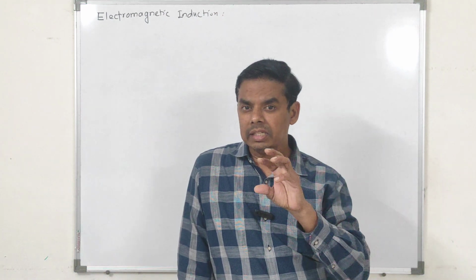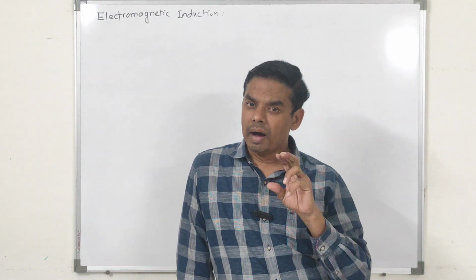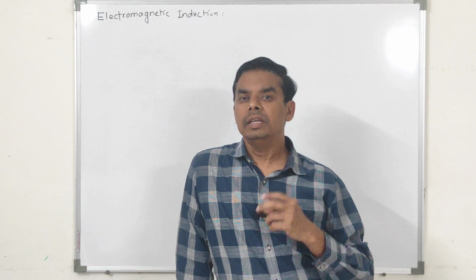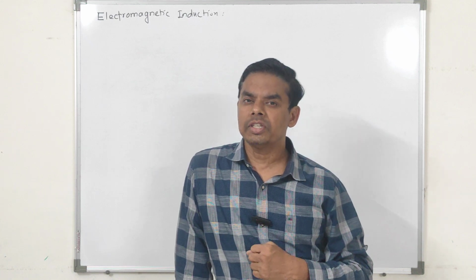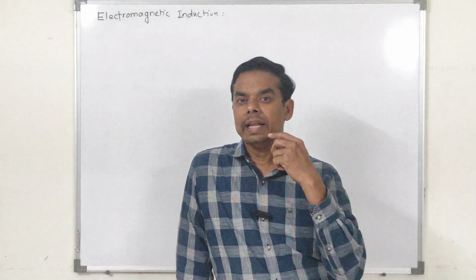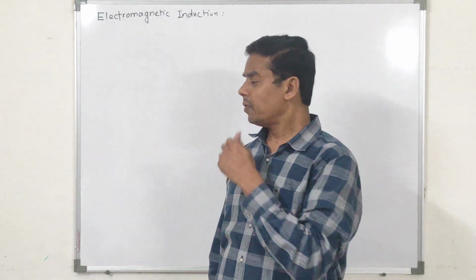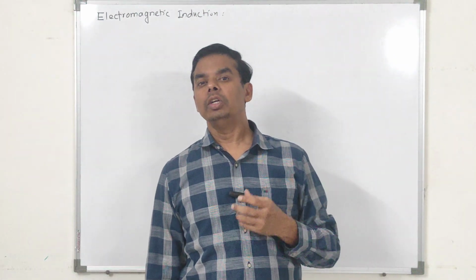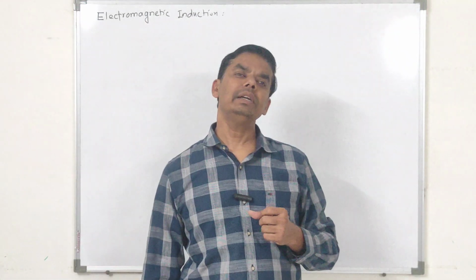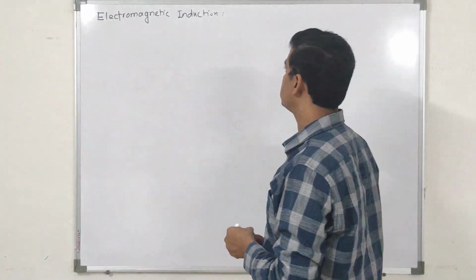Whenever a bar magnet has relative motion with respect to the coil, this bar magnet applies force on the stationary charges, and due to that force, an EMF is induced in that coil. This phenomenon of induction of EMF in a coil due to change in magnetic flux associated with the coil is called electromagnetic induction. I think all of you have understood the concept of electromagnetic induction.